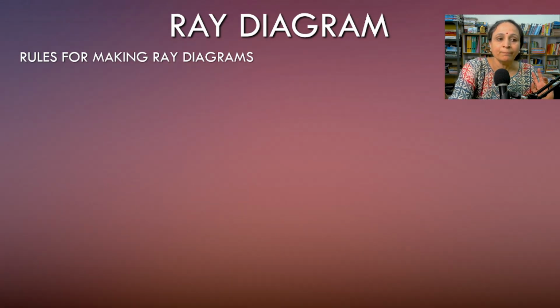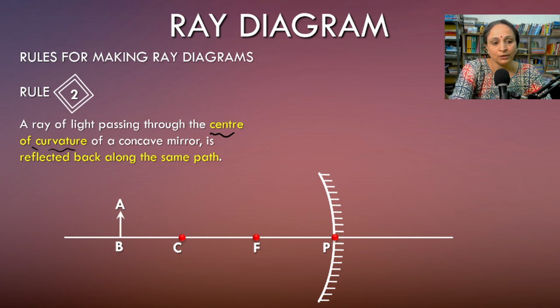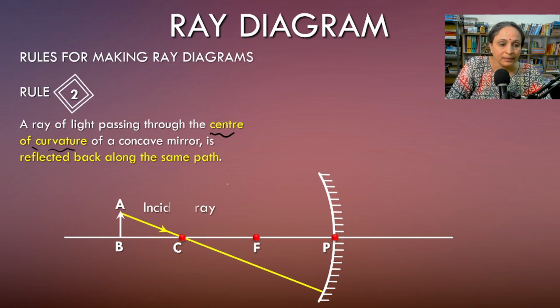Now, rule number 2: if a light ray is passing through the center of curvature of a concave mirror, it is reflected back along the same path. Suppose I have an object here; out of those innumerable rays, I take one single ray in the path of AC.